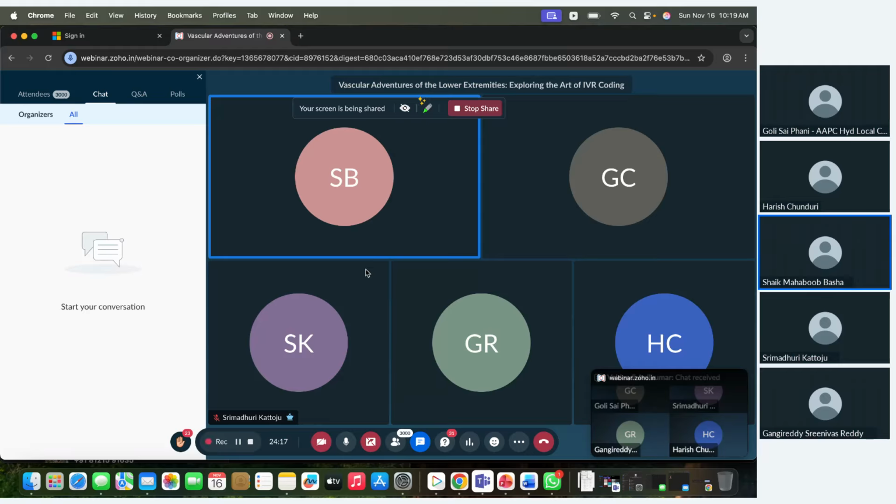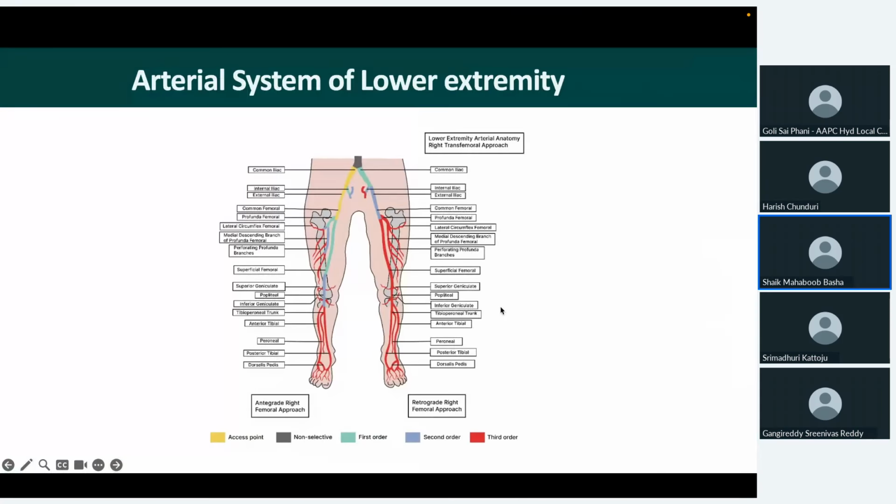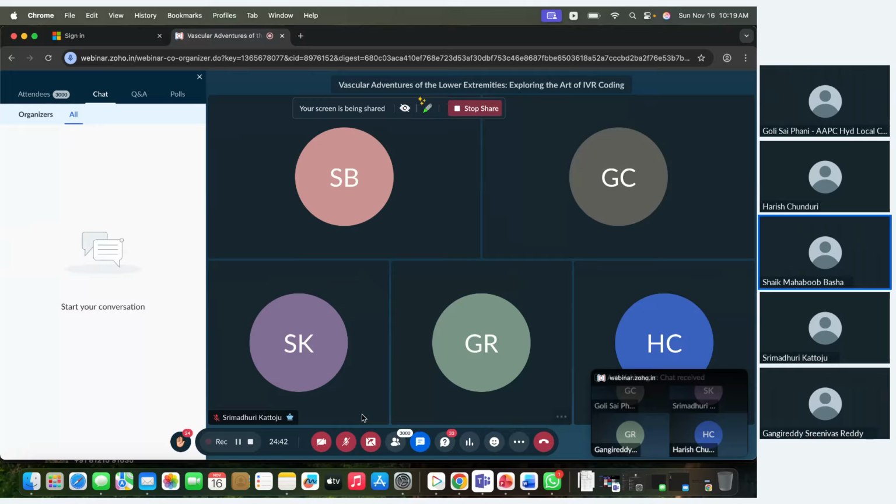So based on that, you need to provide your answer. Yeah, I could see there is a comment: antegrade means forward action and retrograde is backward action.